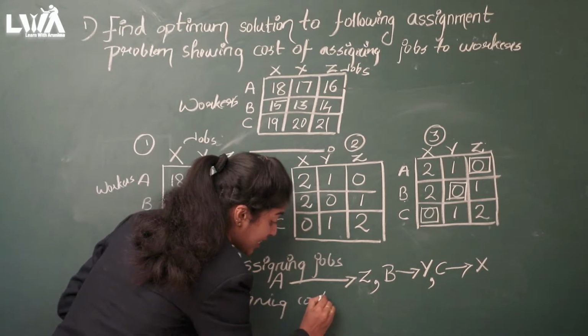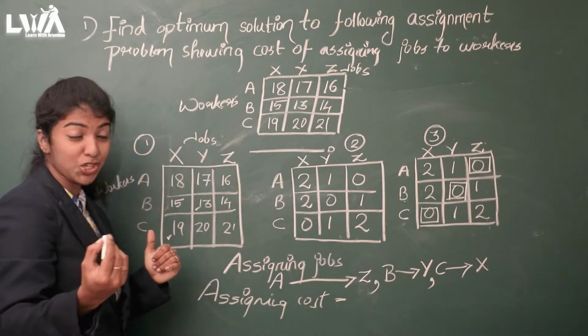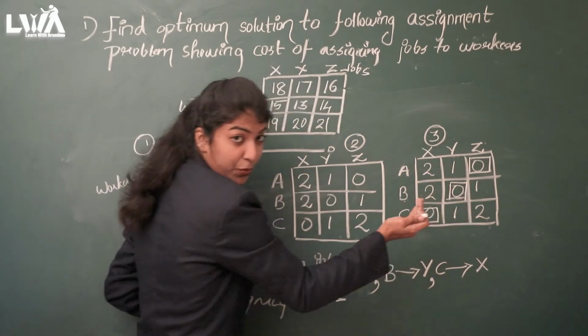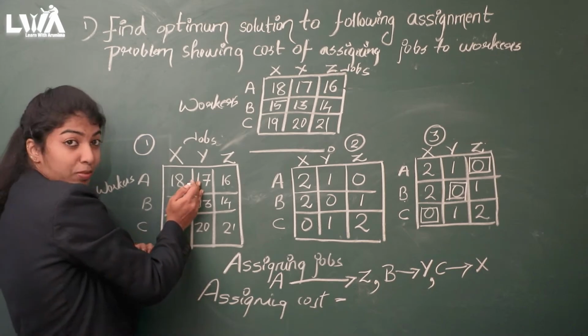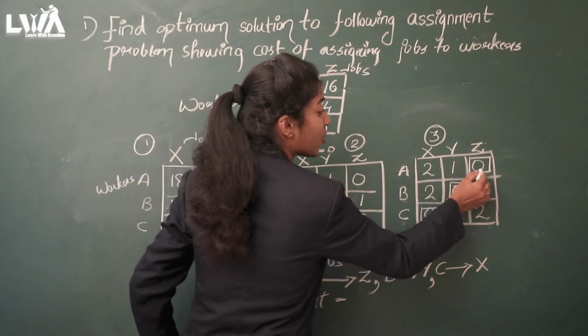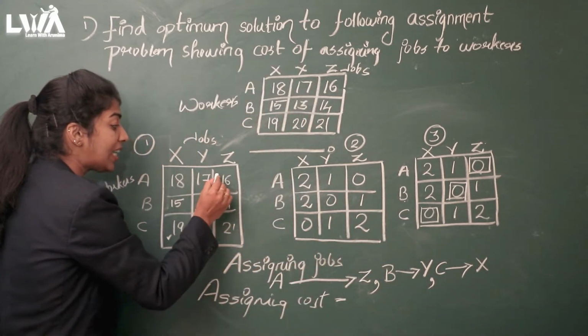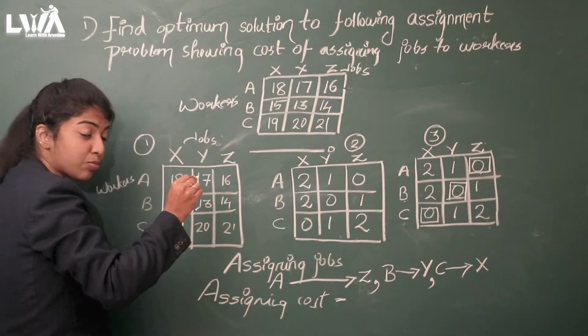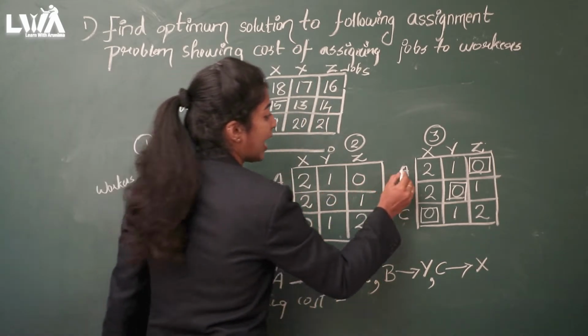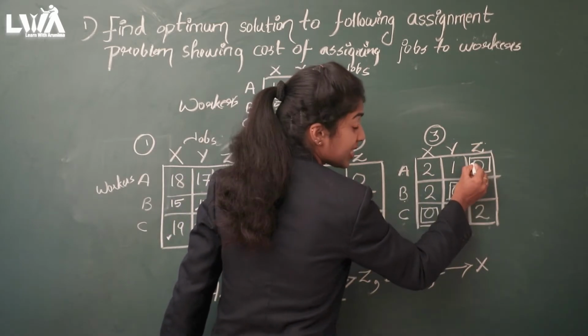We have to consider the last matrix and the first matrix. In the last matrix we got 0. In that 0 position, what is the value in the first matrix? Just analyze. A is Z, 0.